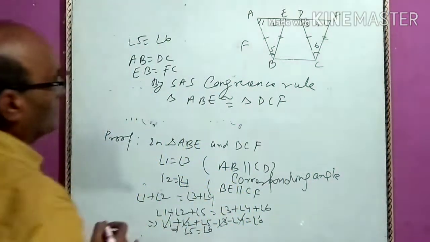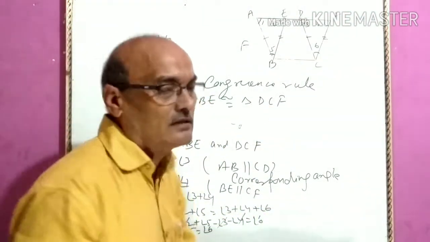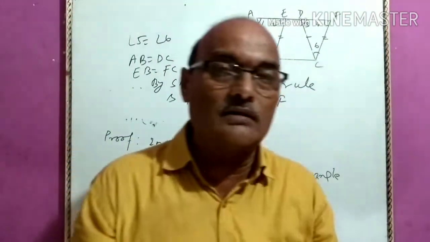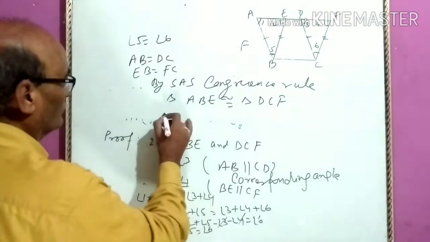Now, when two triangles are congruent, they are equal in area.